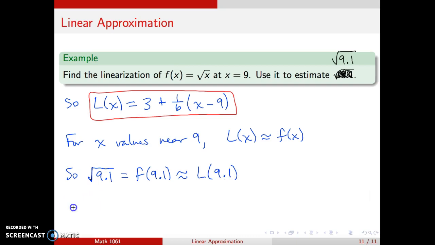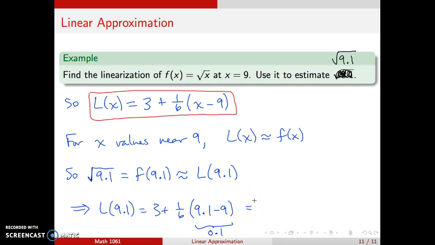Let's plug it in. L of 9.1 is 3 plus 1/6 times 9.1 minus 9, and that's just 0.1.